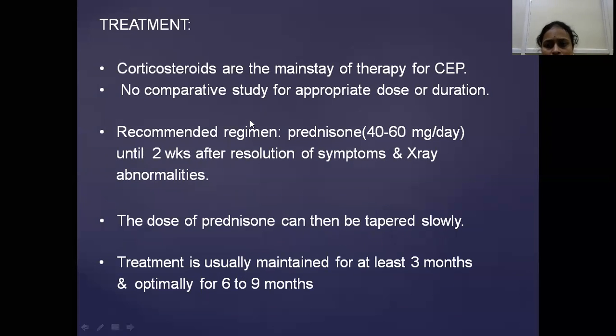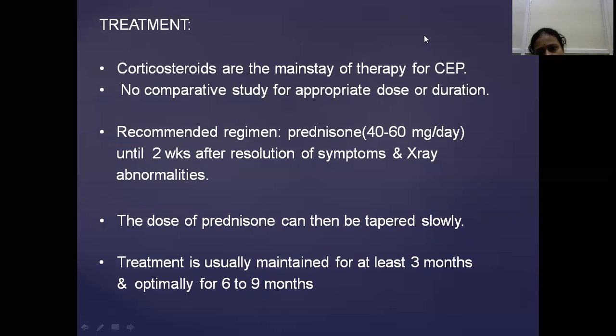What is the treatment of chronic eosinophilic pneumonia? The mainstay of treatment is steroids. We should start with corticosteroids. The recommended dose is prednisolone 40 to 60 milligrams per day. In acute eosinophilic pneumonia, methylprednisolone 60 to 125 milligrams 6th hourly.